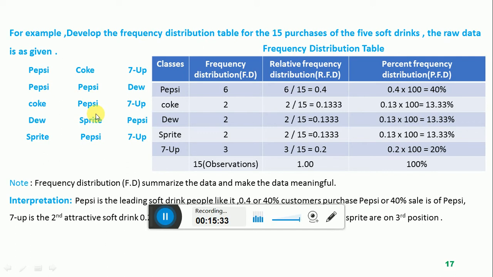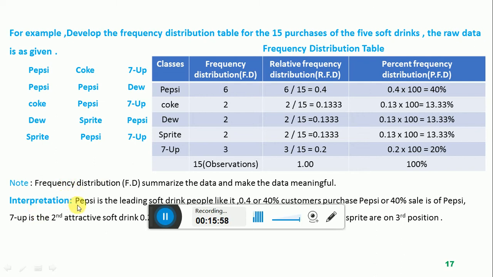What is this? We cannot understand this data. But from the frequency distribution table we can summarize and interpret this information, because we divided the data into classes.